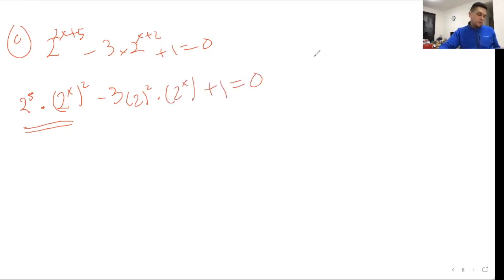Let's see, let u be 2 to the x. So we have 2 to the 5th power equals 32, 2 to the 2x equals u squared, minus, this is 4 times 3 is 12, 2 to the x is u, plus 1 equals 0.